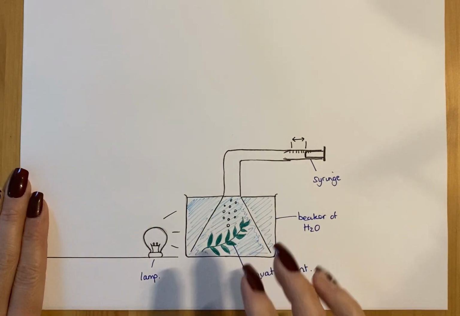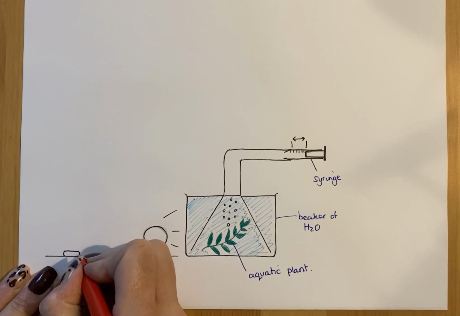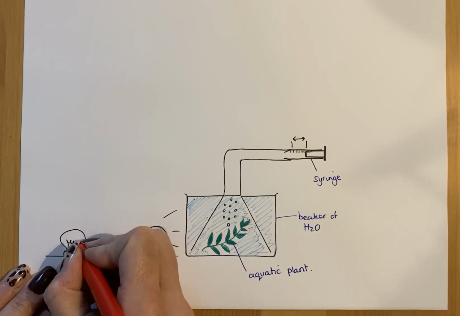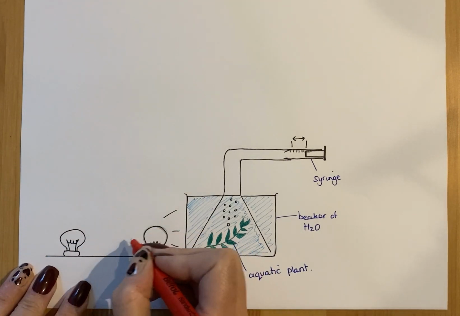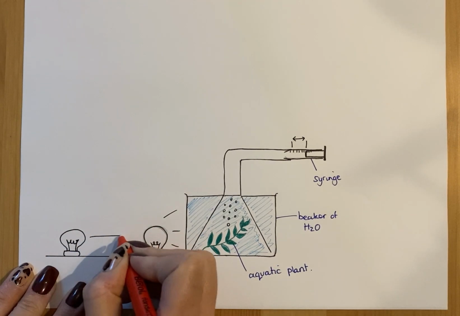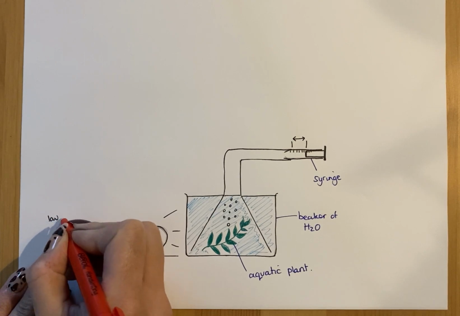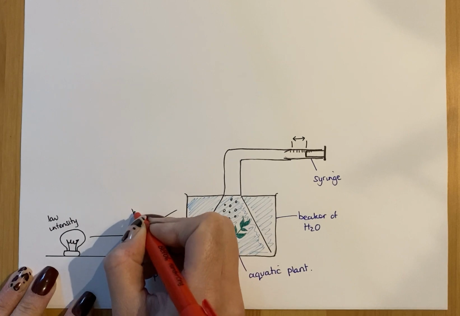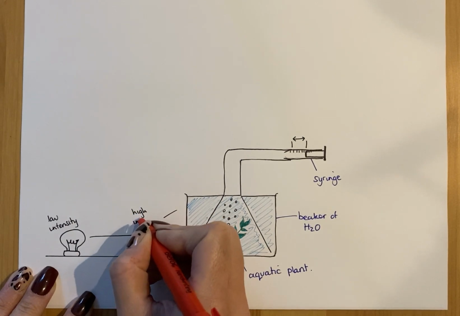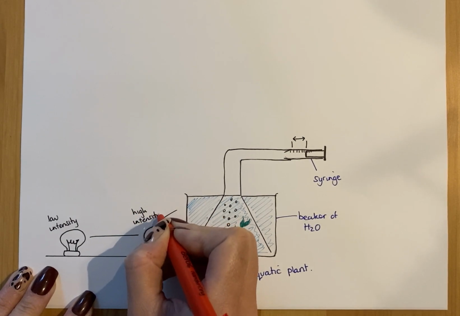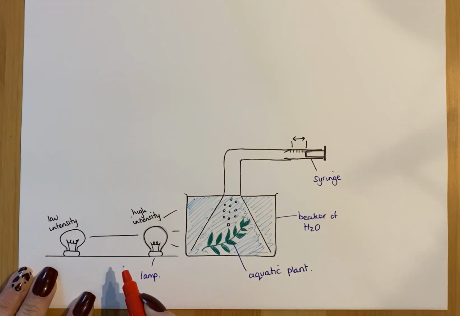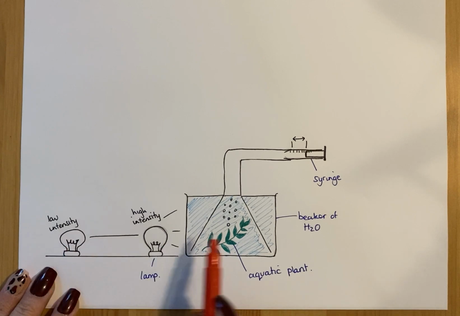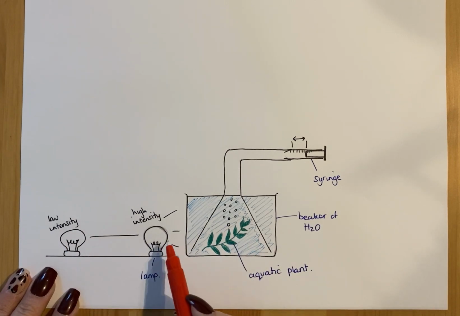When we move that lamp away, and put it along here, just as a quick example, if that lamp is moved further away, this would be low light intensity, and this would be high intensity. So as we move that light away, the plant will produce less oxygen, and when we move it closer, it'll produce more.